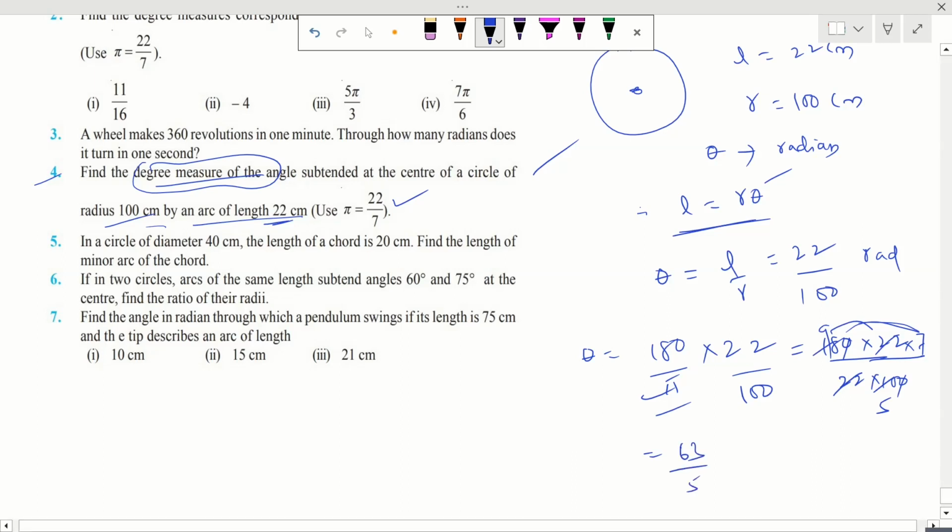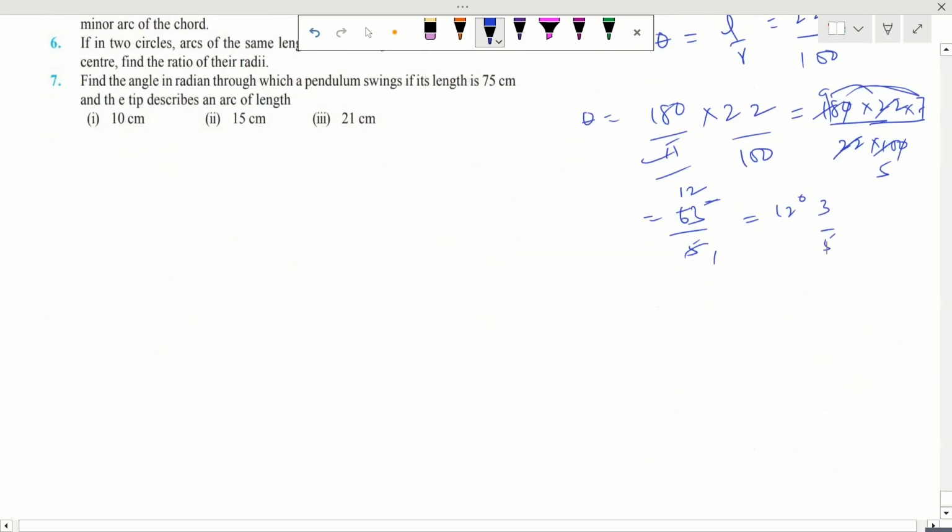So 63 by 5 remains. Dividing, 5 ones are 5, 5 twos are 10, and 3 remains. So it is 12 degree 3 by 5, with 5 remaining.